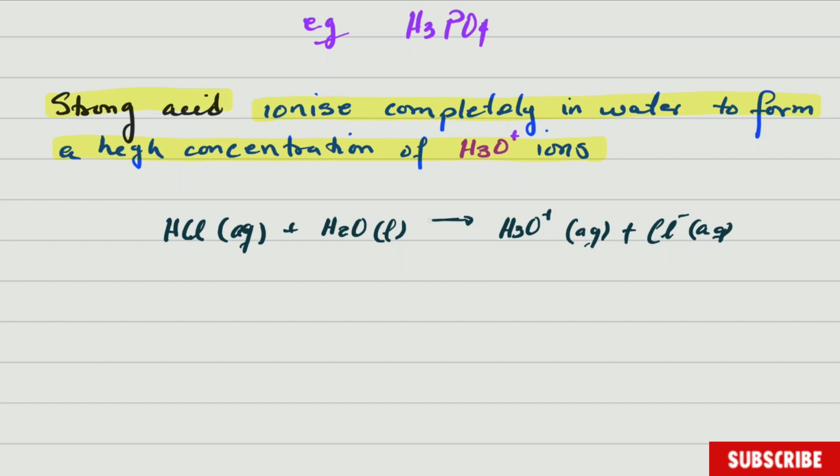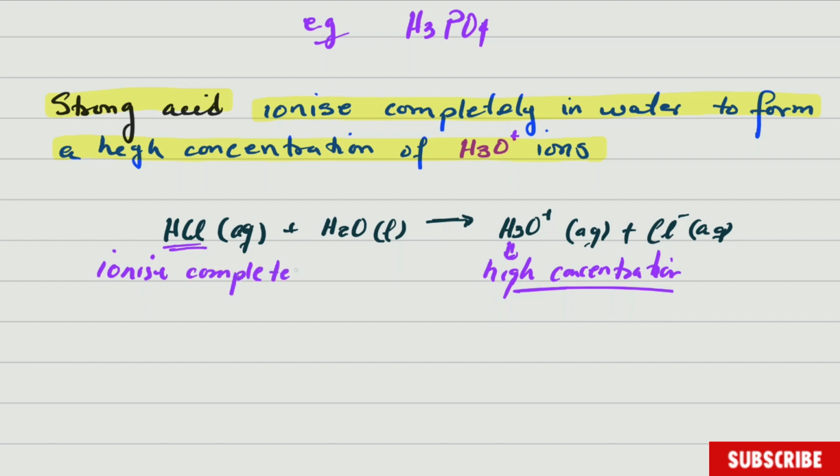So in this case, the concentration of hydronium is going to be very high. So high concentration of H3O+. That is important here because this one ionizes completely. So this is what actually happened.